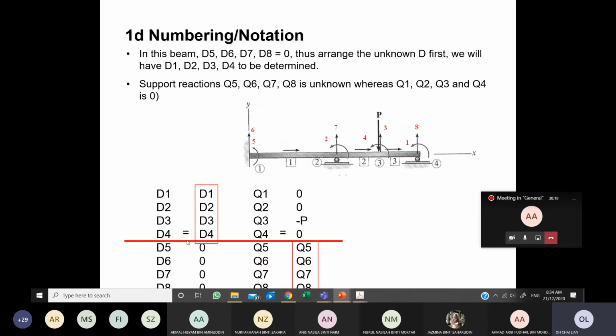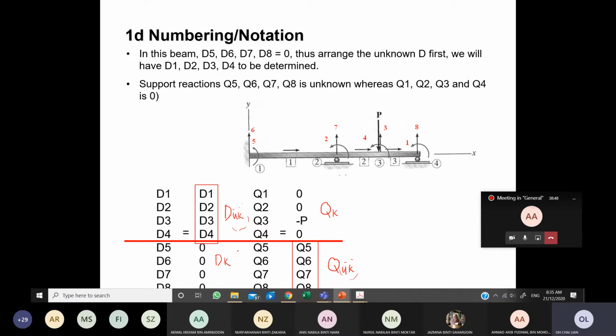We have given the partition here, where the D 1 to 4 is D unknown. This is D known, and this is Q known, and this is Q unknown. You can see that these unknowns are actually placed oppositely.